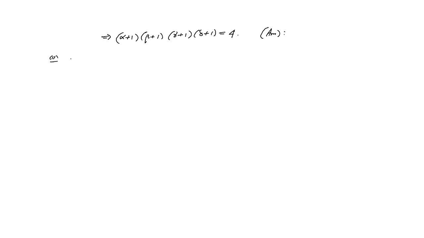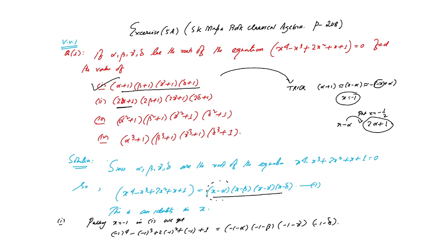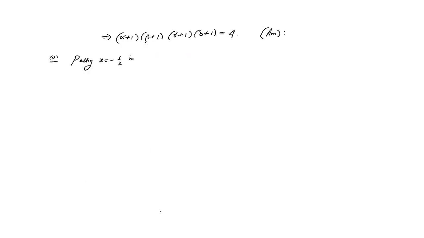So putting x equals to minus half in 1, or you can say star, it's an identity on both sides. What we get? We get minus half whole to the power 4 minus half whole cube plus 2 into minus half whole square plus minus half plus 1.